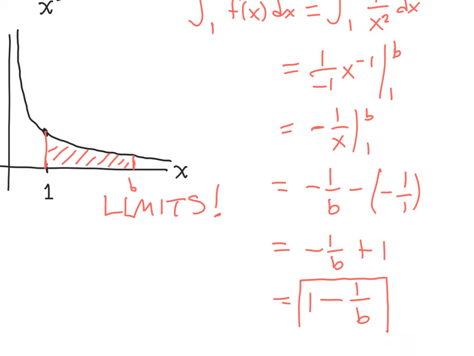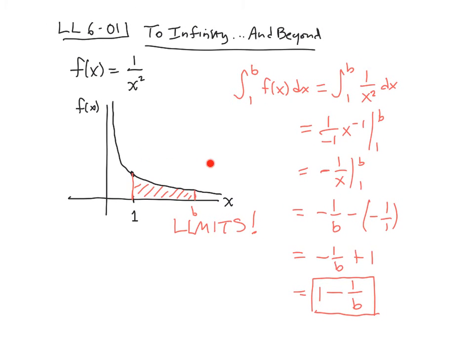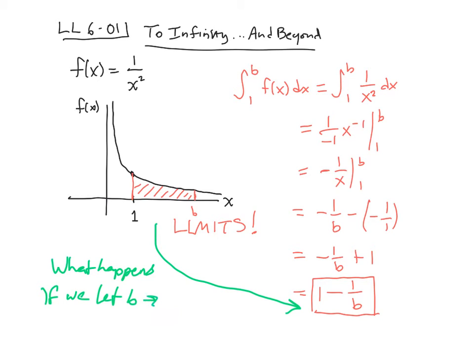Okay. Now remember, what is the question we were answering? Let's zoom out a bit. The question that we were trying to answer is, what is the area of this region, the region between the curve and the x-axis from x equals 1 to x equals b? And we've said that that area is 1 minus 1 over b. Now think about what happens if we let b go to infinity.